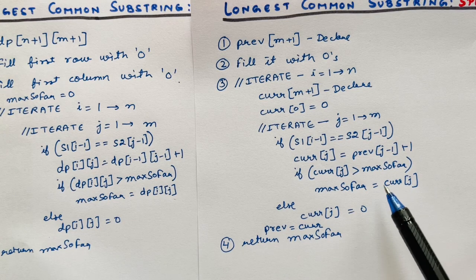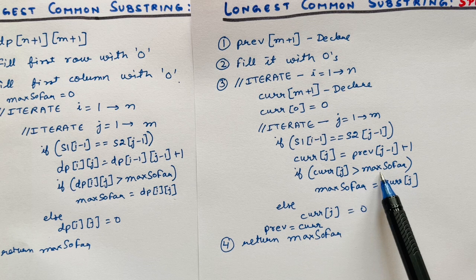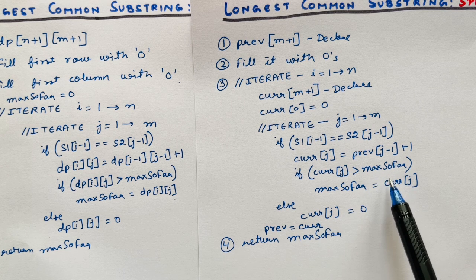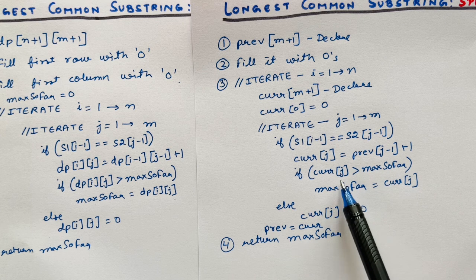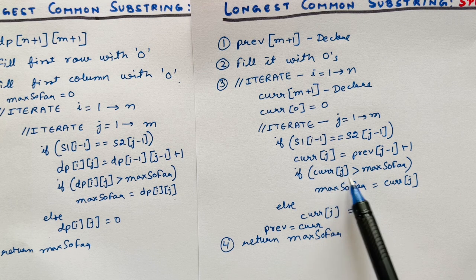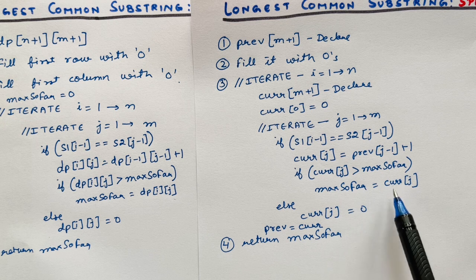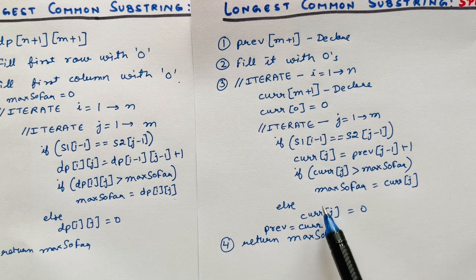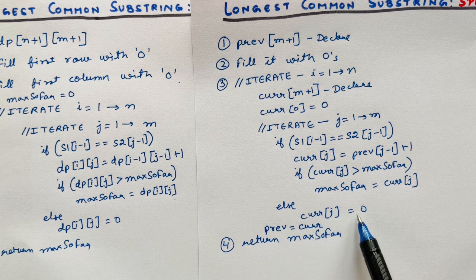Rest of the steps are quite similar. We need a variable max so far to keep track of the maximum value that we have seen. If the value at current j is greater than this, then we update the max so far.